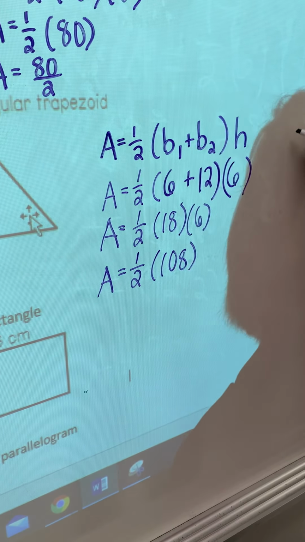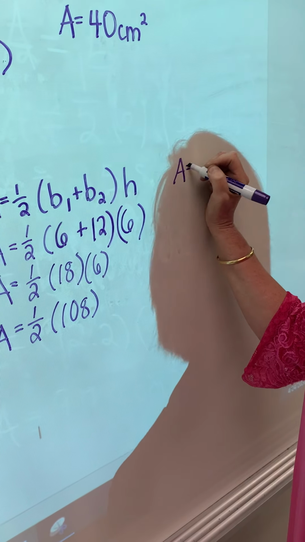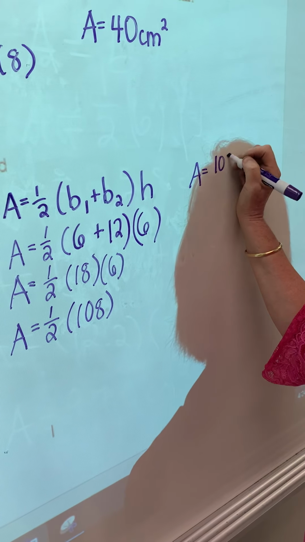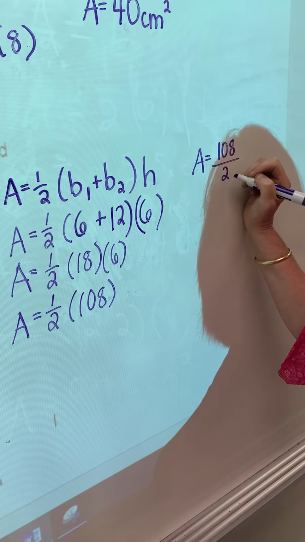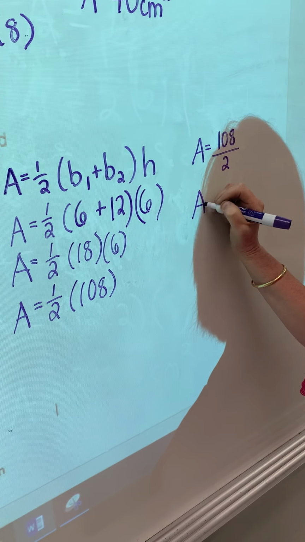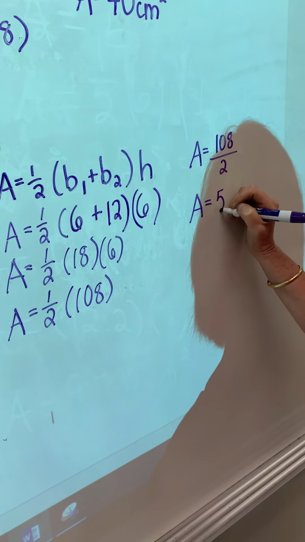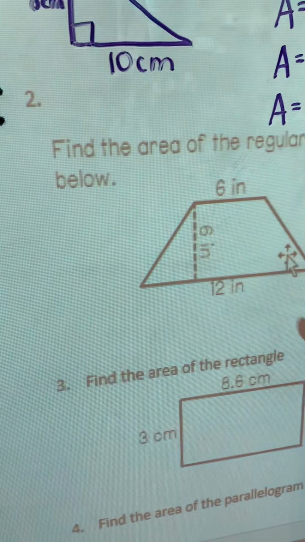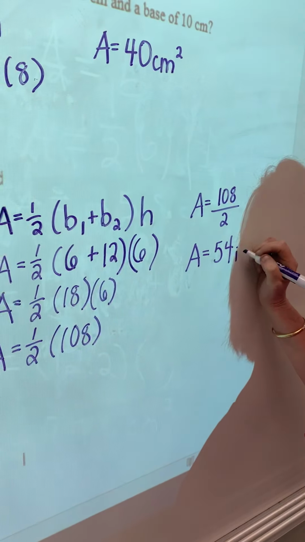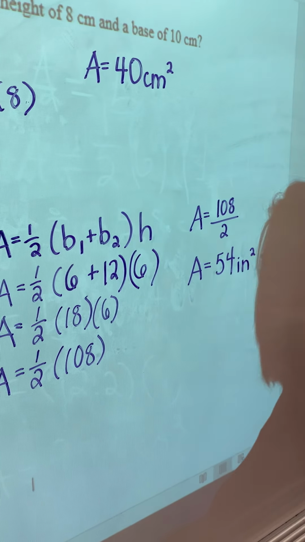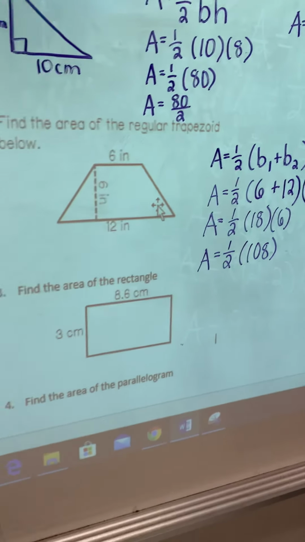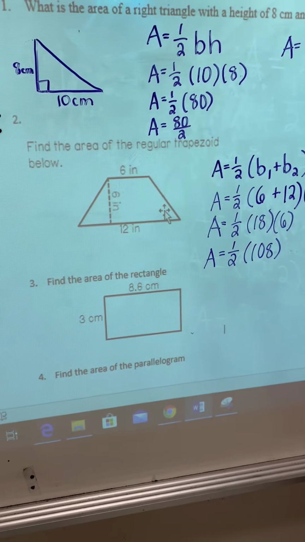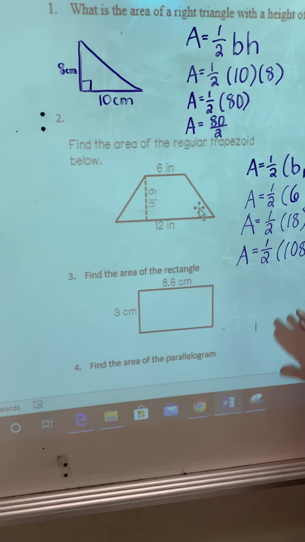Another way to think about that is area is equal to 108 divided by 2, which would give us 54. And I'm going to include my units, and they are going to be squared units. So 54 inches squared.